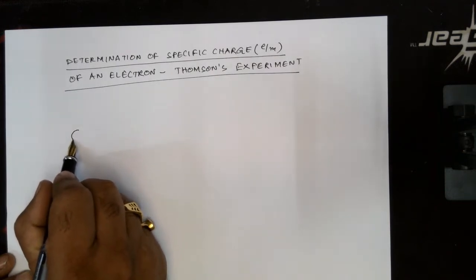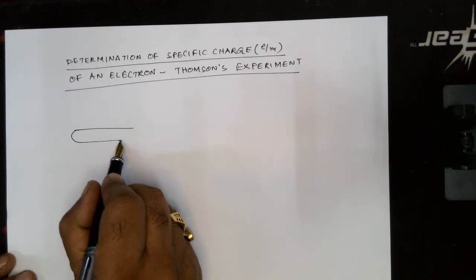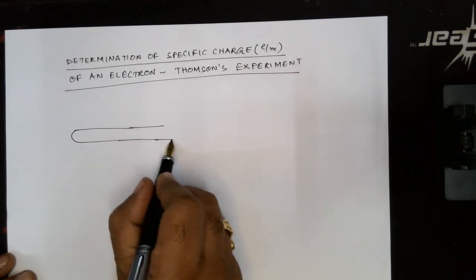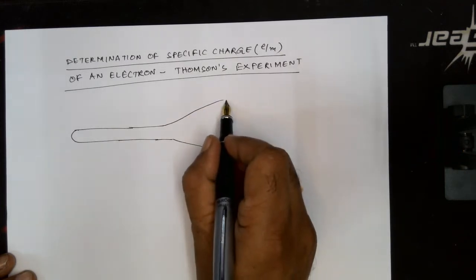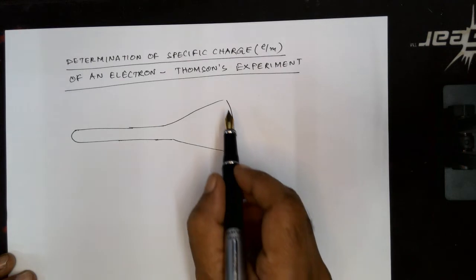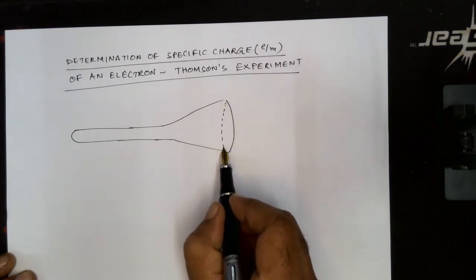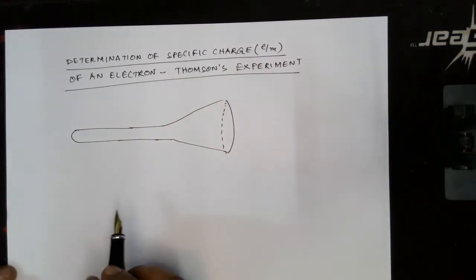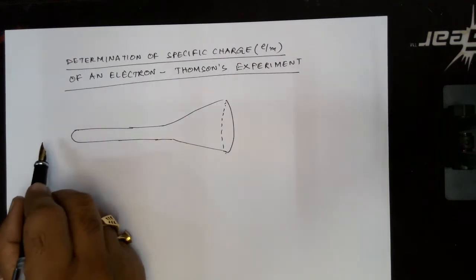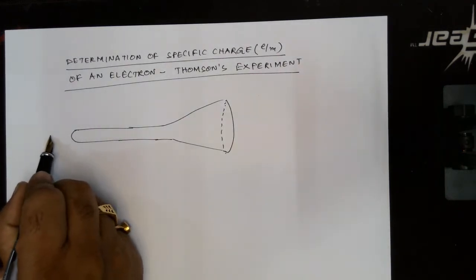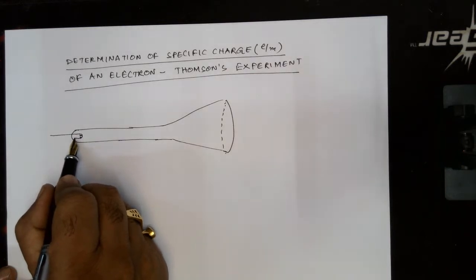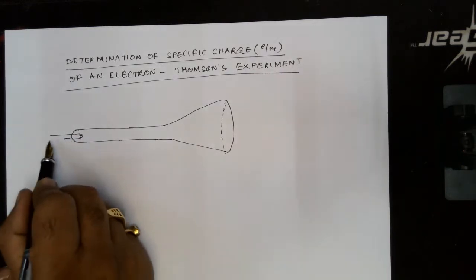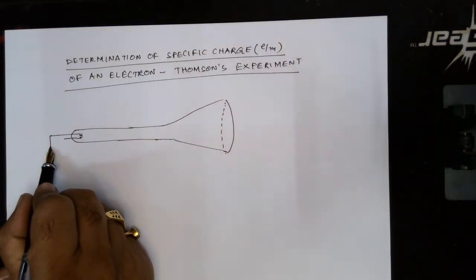It has got a vacuum tube like this. This is only a schematic diagram where a filament is provided as a cathode, and that is connected to a small battery.